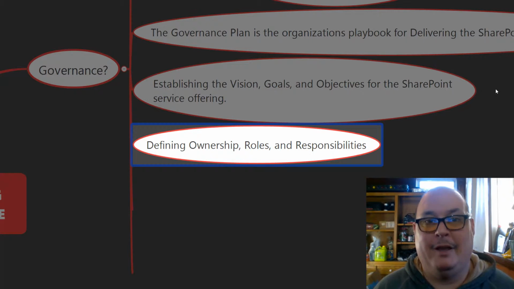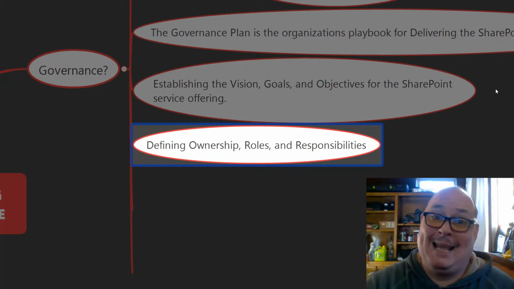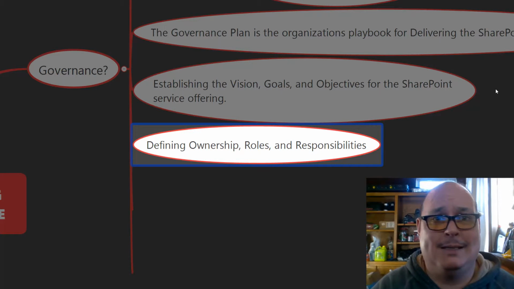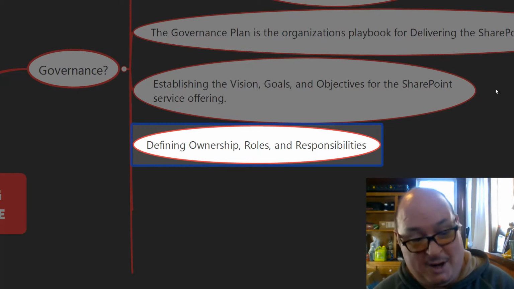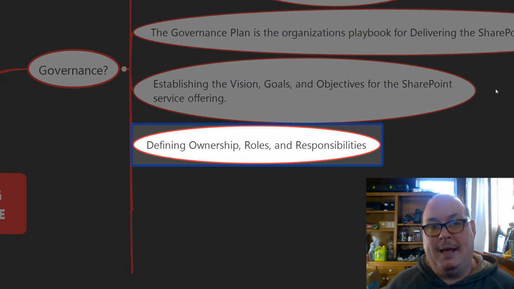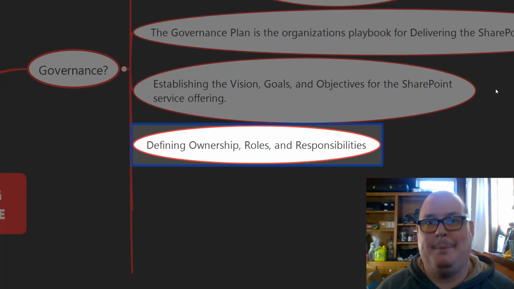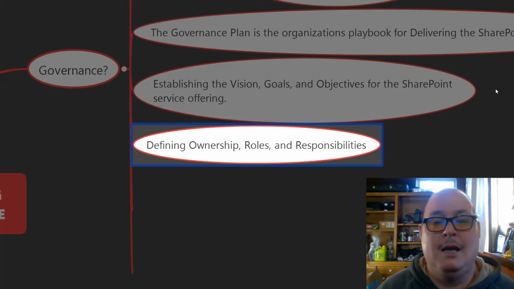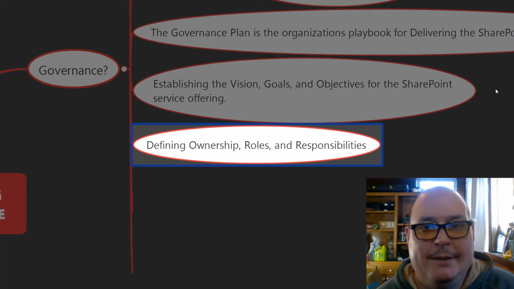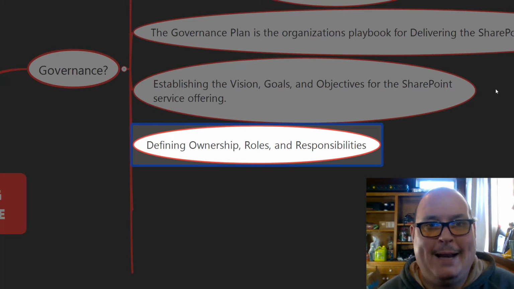If we want to do app development, if we have to maintain our own servers, you've got DBAs and network architects and enterprise architects, and you've got your systems admins and your farm administrator for SharePoint, and that could all be the same person, but someone has to do all that. Someone's got to set up your load balancers. Someone's got to stand up your servers, install, configure, all that kind of stuff. It's more than just your vision and goals and objectives. It's actions. It's strategy. It's here's how we're going to go about it.